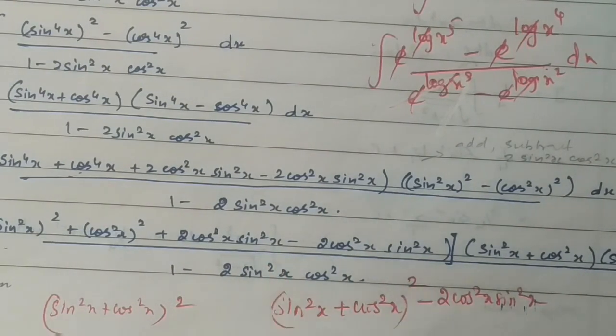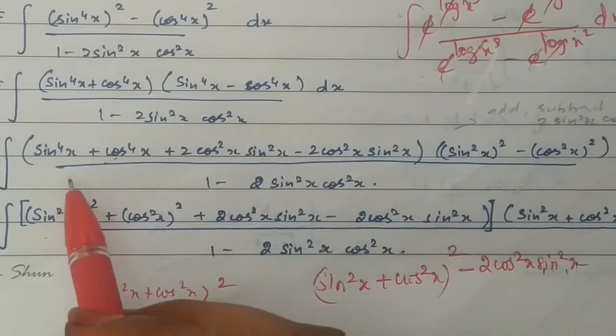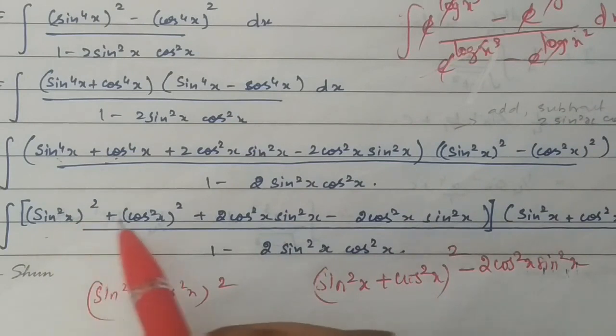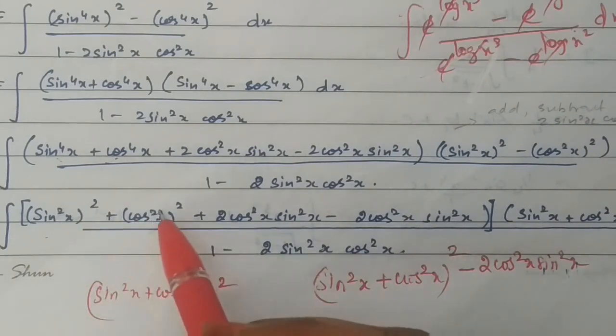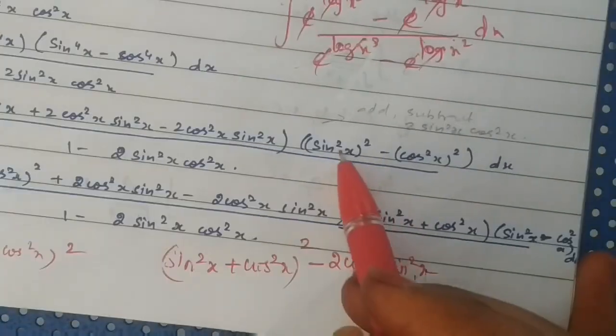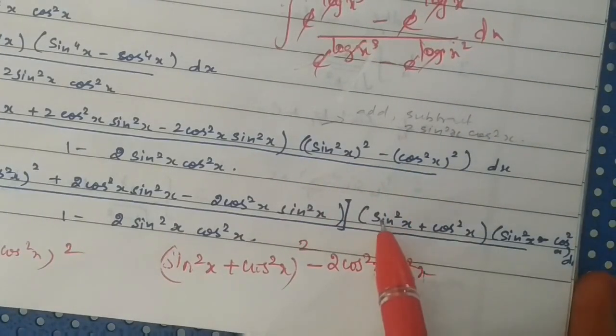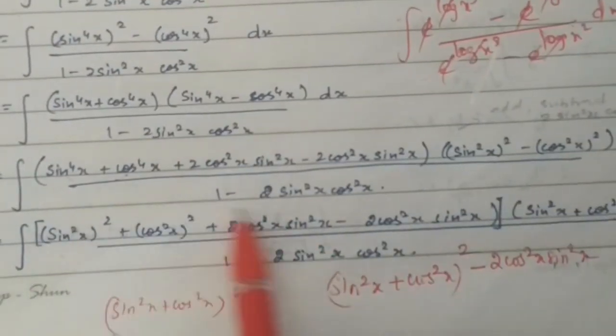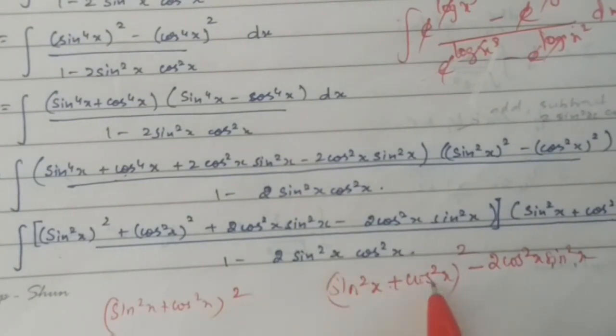So the numerator and denominator will get cancelled. For that, here we have written one more step. The sin power 4x can be written as (sin squared x) the whole square. Cos power 4x can be written as (cos squared x) the whole square. And here this term, A square minus B square, can be written as (A plus B) into (A minus B) divided by the denominator into dx. So this term can be written as A plus B, that is sin square x plus cos square x, minus 2 cos squared x sin square x.